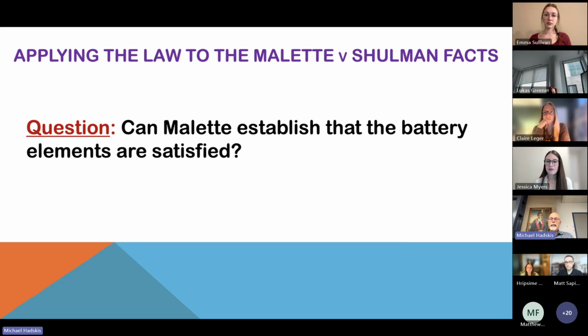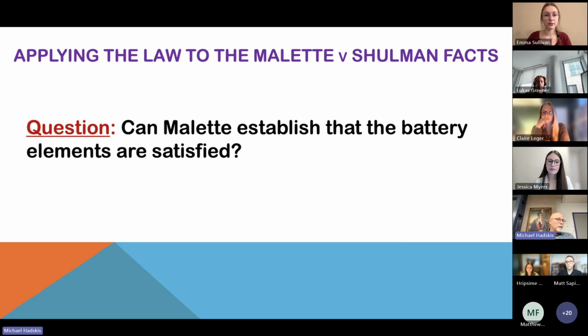TB might be a little easier, but then again, maybe you were exposed to someone else's TB. So you might not have the physical contact, but remember, you have the other piece, which is harmful to a reasonable sense of dignity. And so plaintiffs can hang their hat on that particular aspect of the third element.